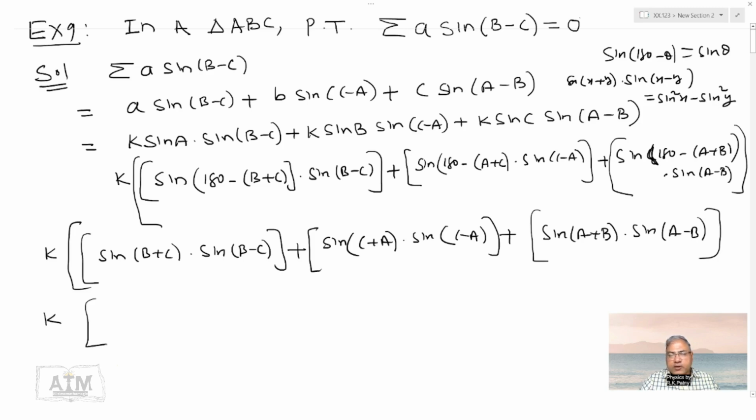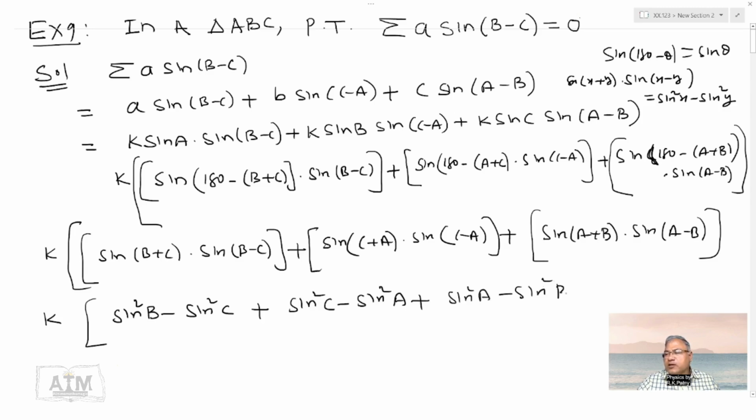Therefore, here K as it is. This becomes sine square B minus sine square C, the second bracket becomes sine square C minus sine square A, and the third bracket becomes sine square A minus sine square B.